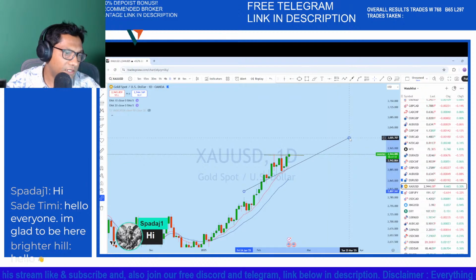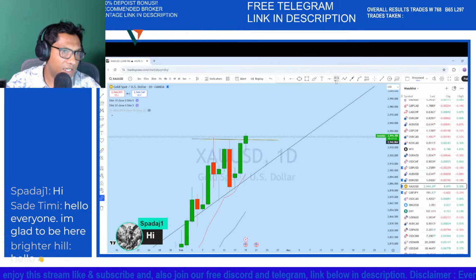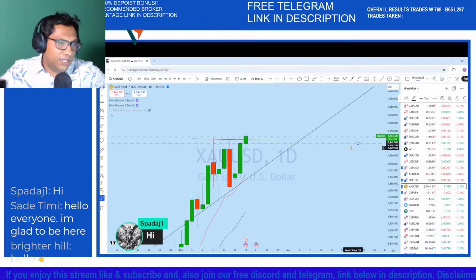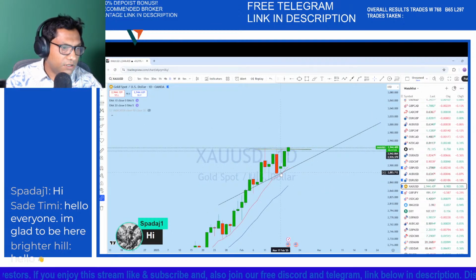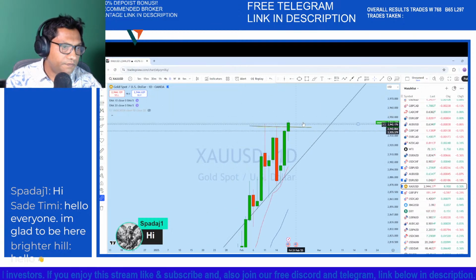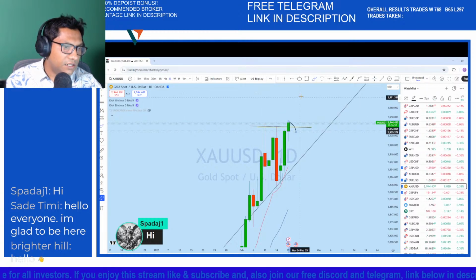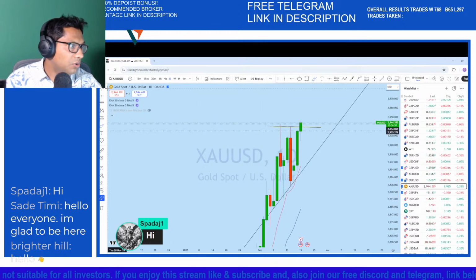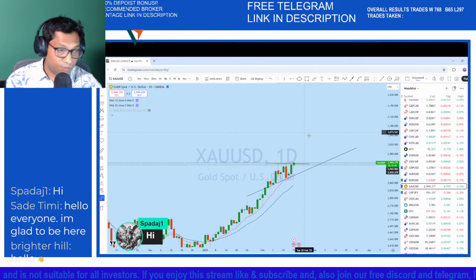From that daily support, at this daily level, the market made a pretty strong bounce, and we are expecting a pullback, retest, and then to return back up again. So from the daily, gold is bullish.